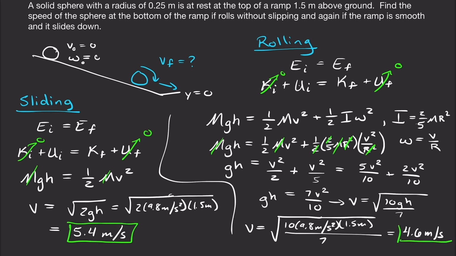Okay, so you're translating a little bit slower than you were in this case, and that's because some of your initial potential energy went into rotating the sphere, so it went into rotational motion, and so your translational motion isn't quite as fast.